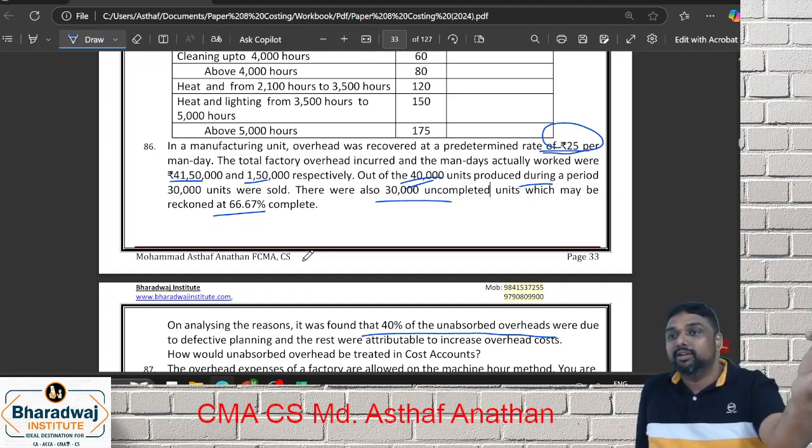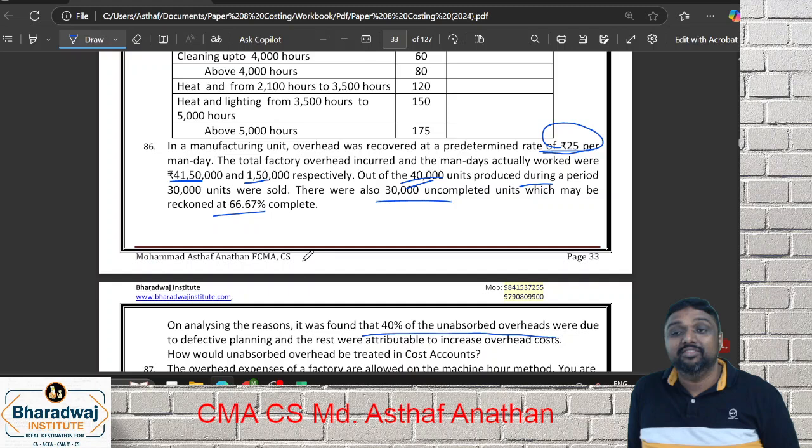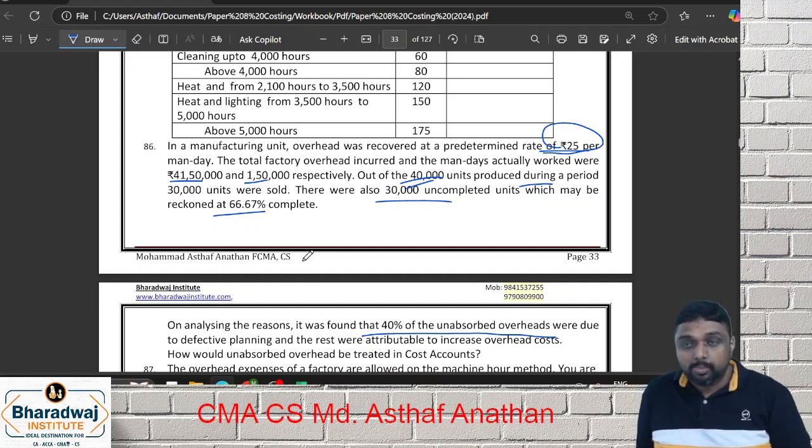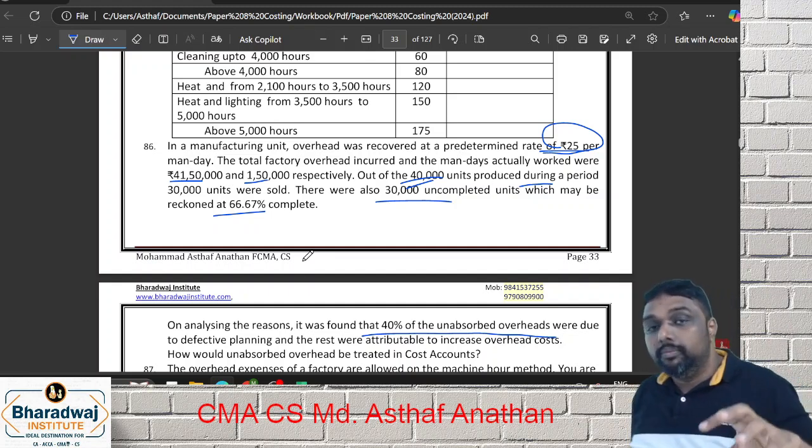Material, labor, overhead, only 2 questions came. But marginal costing, 1 chapter, the questions will be 2. That is the weightage I told you. You have to understand that alone and rank it. Are you clear?